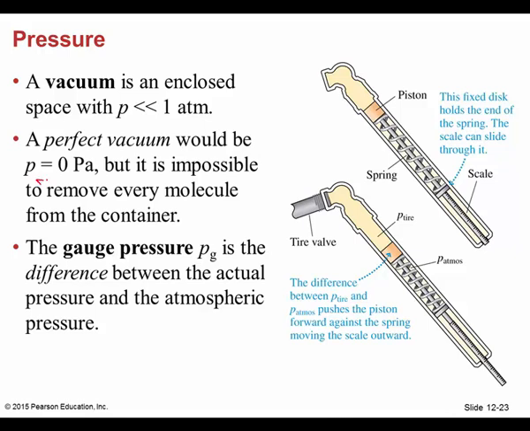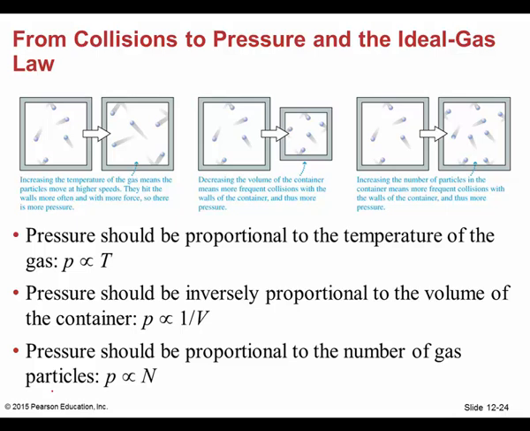And of course, a perfect vacuum is 0 pascals, but that's basically impossible, because how are you going to remove every single molecule from a container? It's impossible, all right? So gauge pressure then is the difference between the actual pressure and the atmospheric pressure. That's how we define gauge pressure. So what does this tell us then?